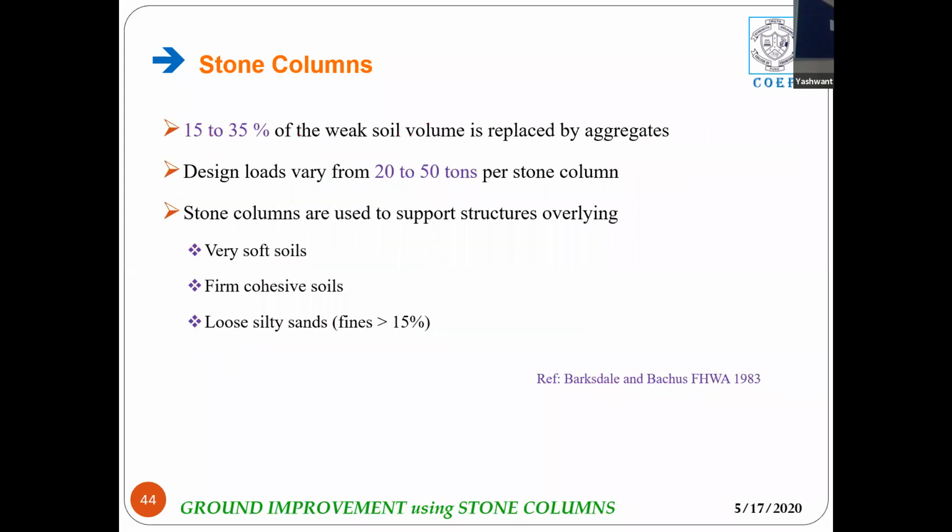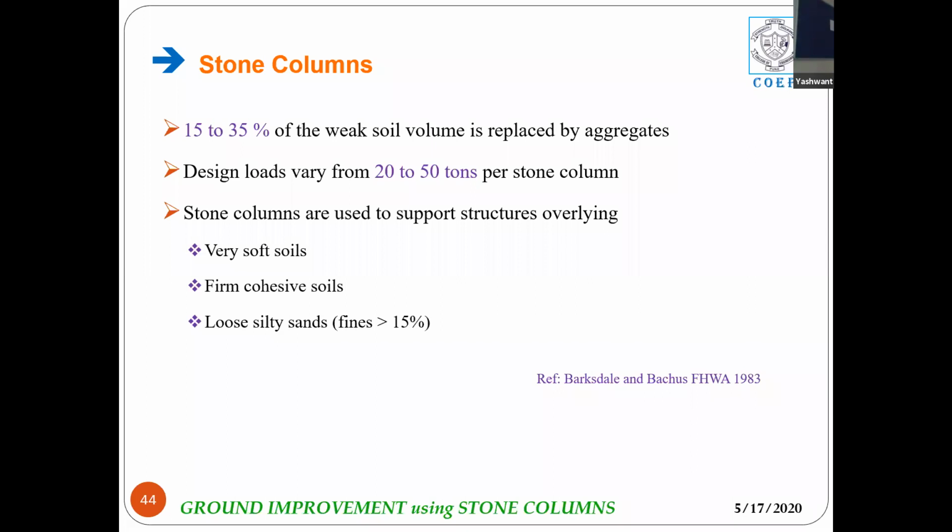Further, stone columns will be suitable if we remove 15 to 35% of the weak soil. Now, this is the range for a particular site, of the total volume of soil that is available, 15 to 35% of the weak soil has to be replaced by the aggregates.